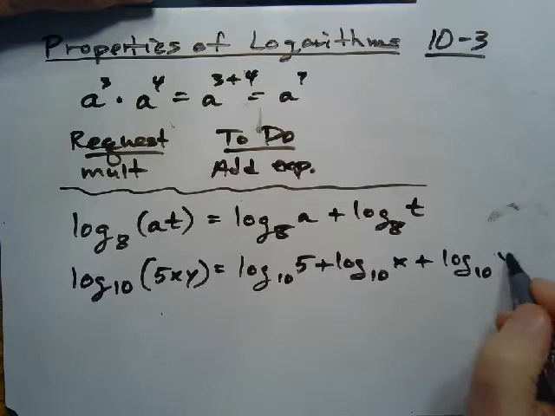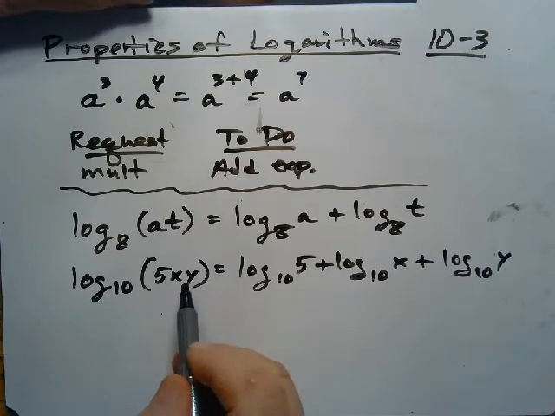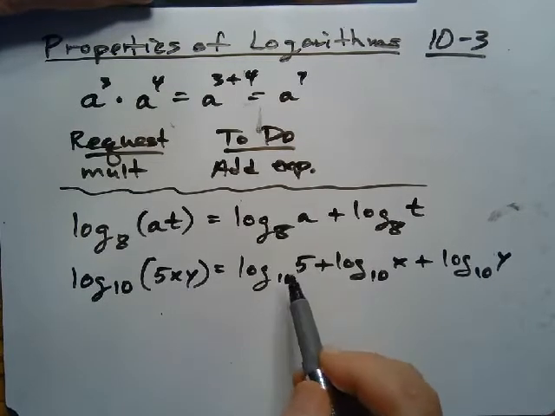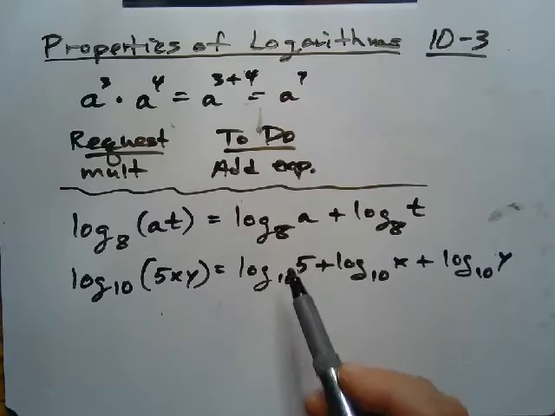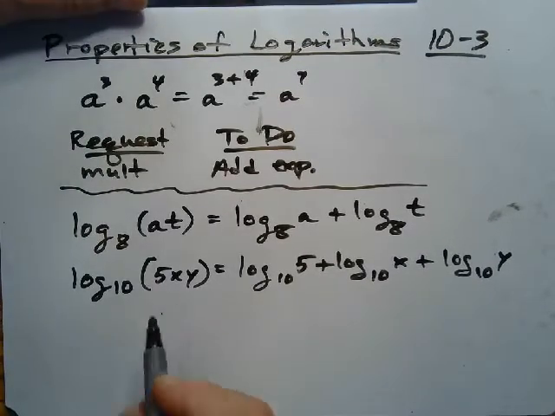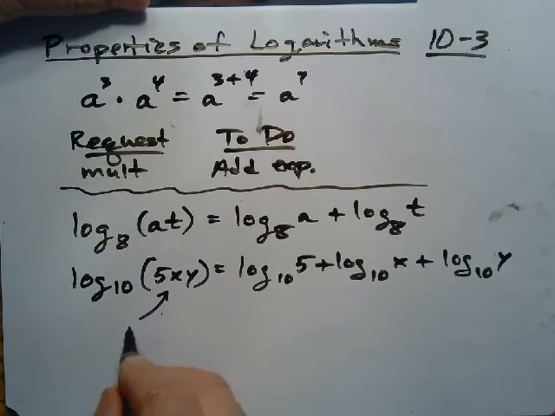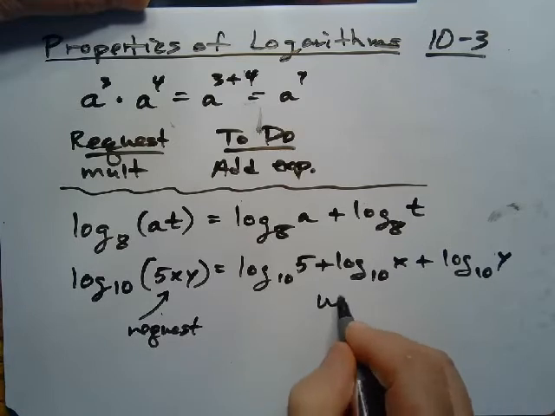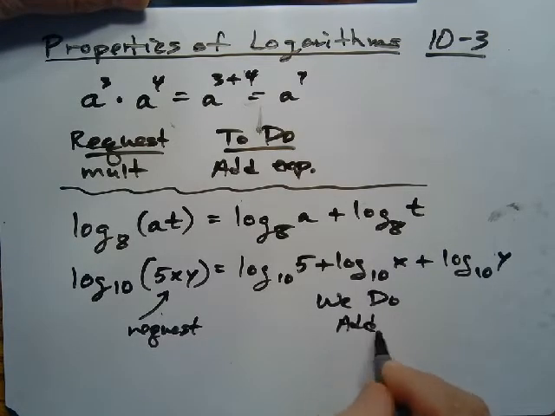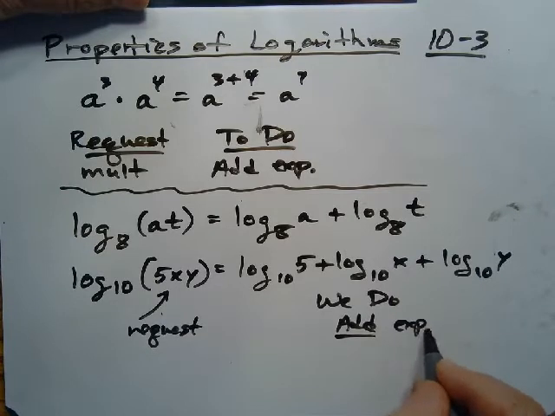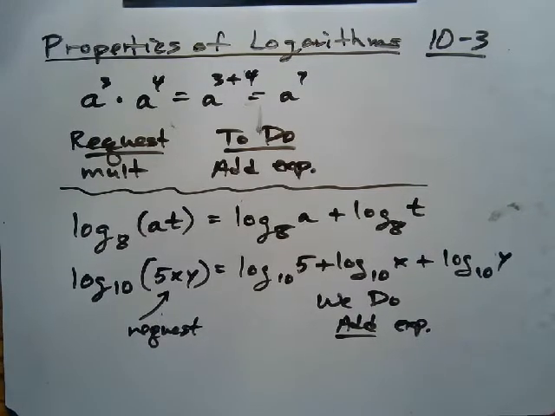All of these are being multiplied together, so we find ourselves adding the exponents. These are exponents. So the request again is to multiply, and what we do is we add the exponents. This seems a little bit odd, but we just need to get used to the pattern that you see here.